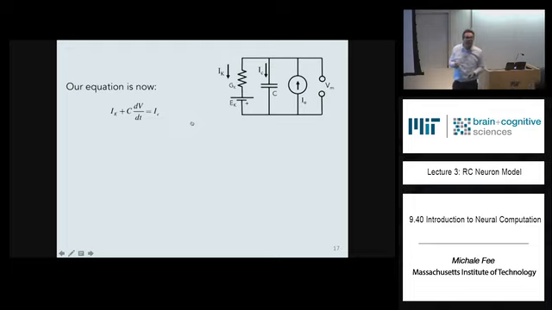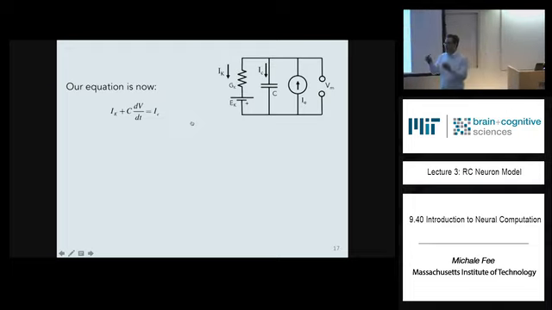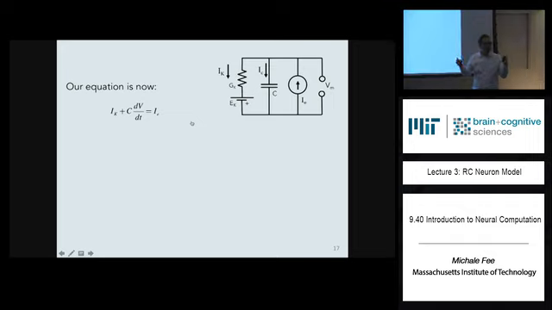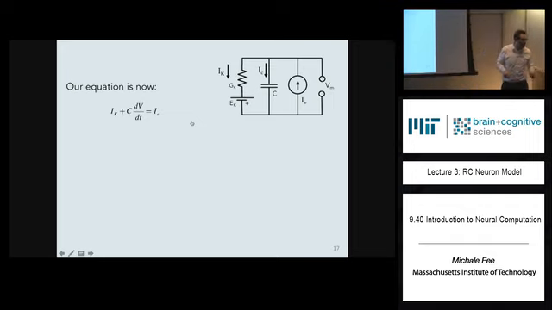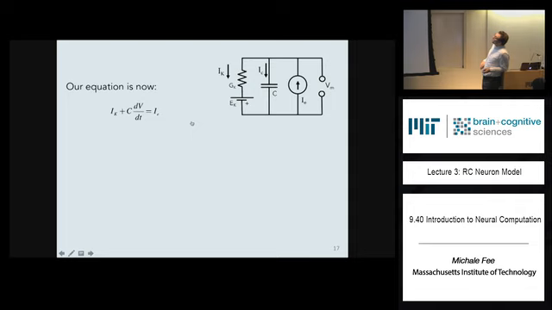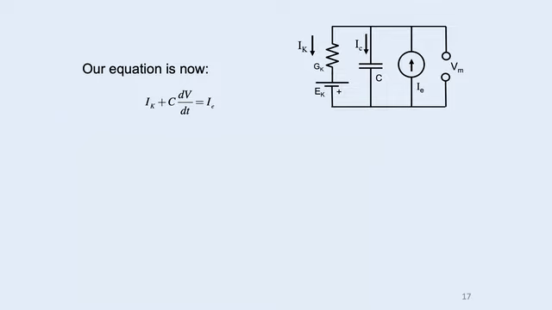You can see that we're getting awfully close now to the whole equivalent circuit model that Hodgkin-Huxley wrote down. Okay, so let's just flesh out this equation here. What is I sub K? I sub K is just GK times (V minus EK). Very good.